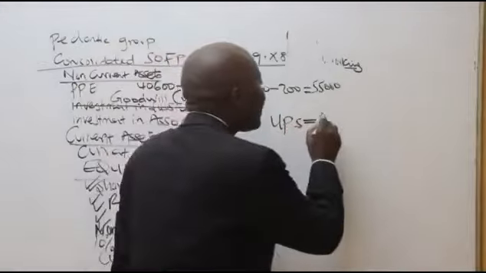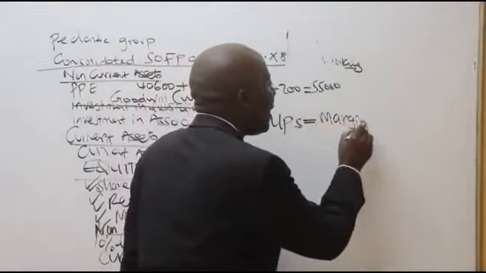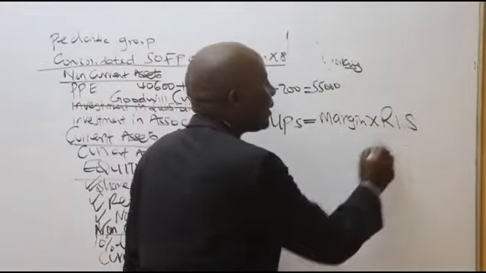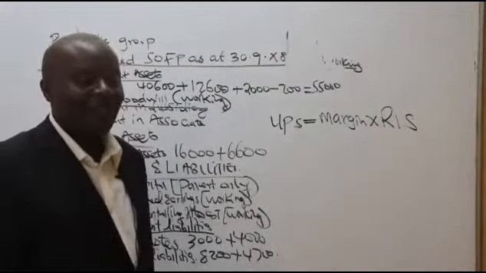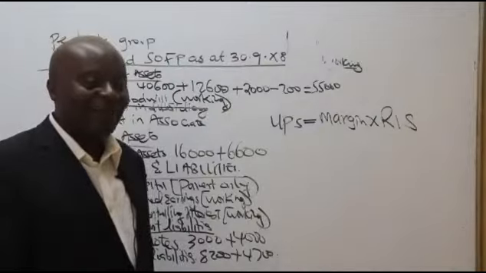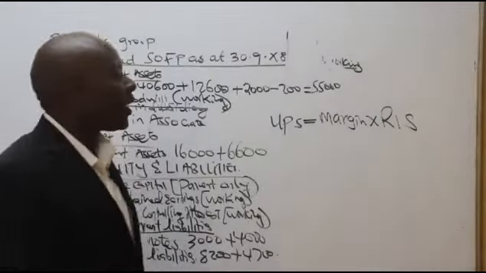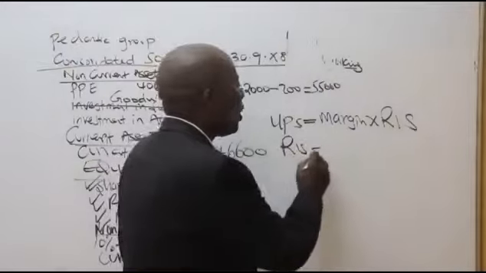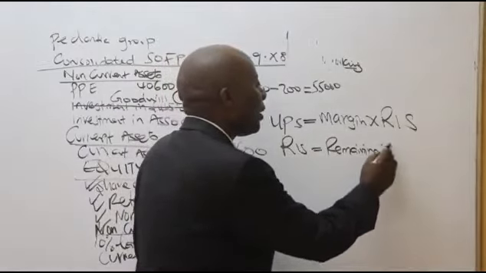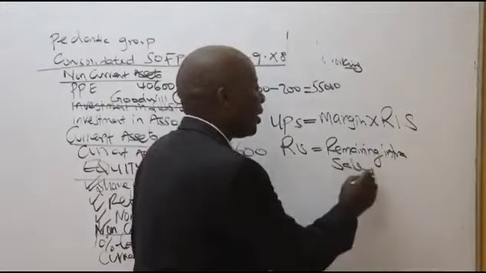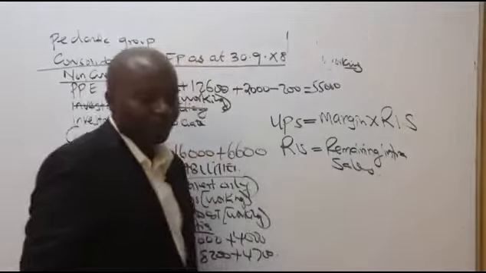Normally, we get this by taking the profit margin times the famous REES, where REES stands for remaining intra-sales.